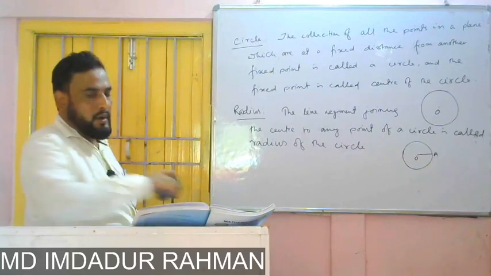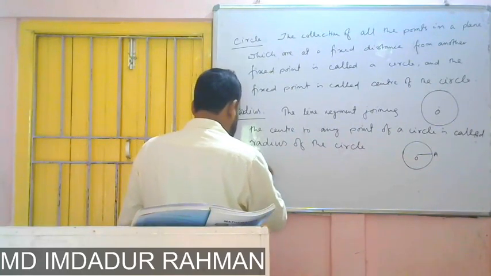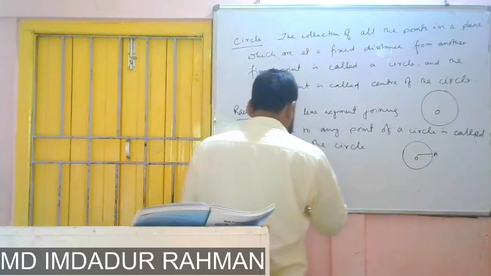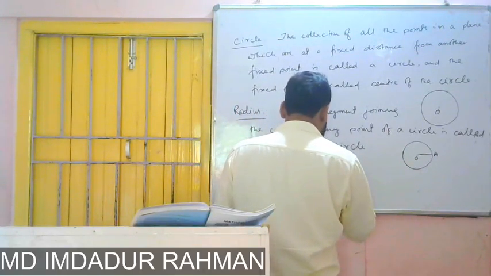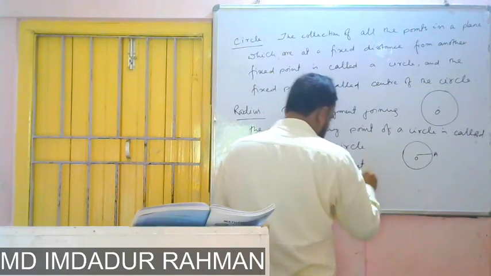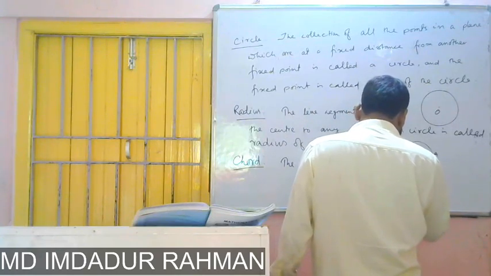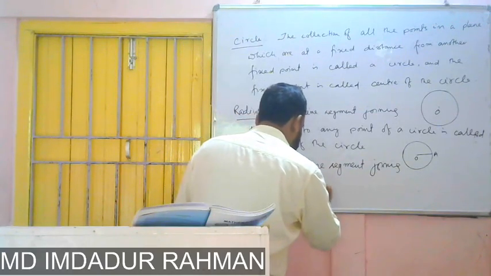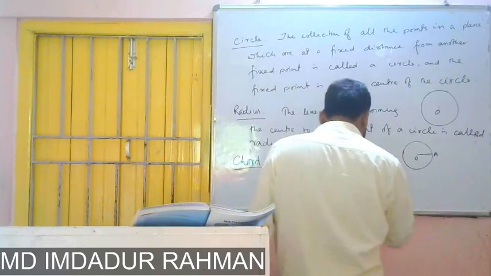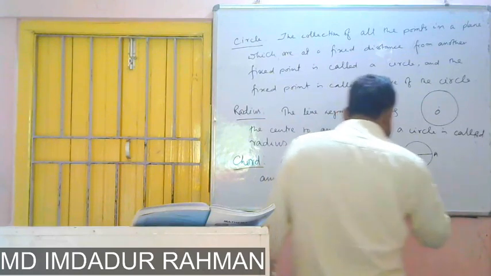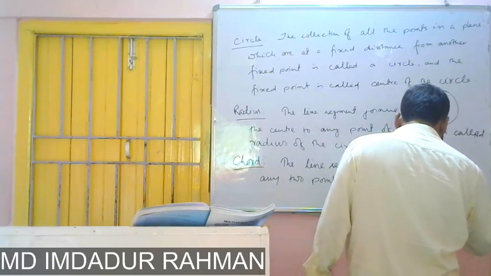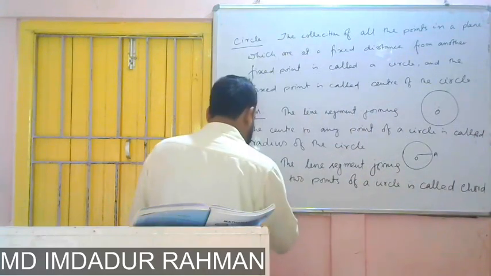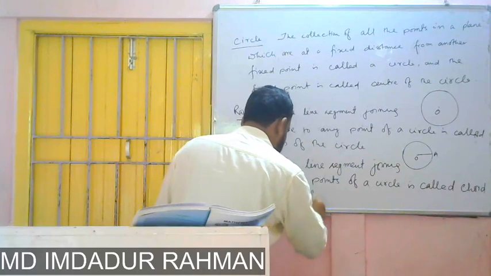Now chord of the circle. The line segment joining any 2 points of a circle is called a chord of the circle.